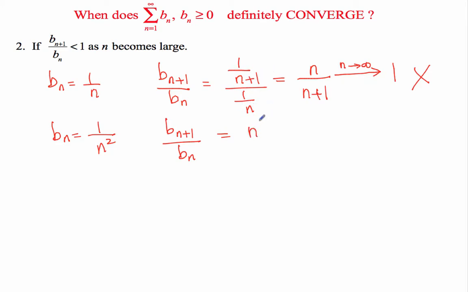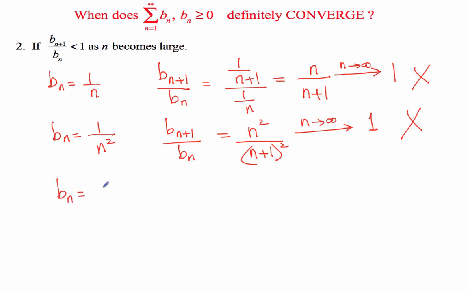So this gives n squared divided by n plus 1 squared. Then as n goes to infinity, it will again give us 1. So once again, we have learnt nothing.